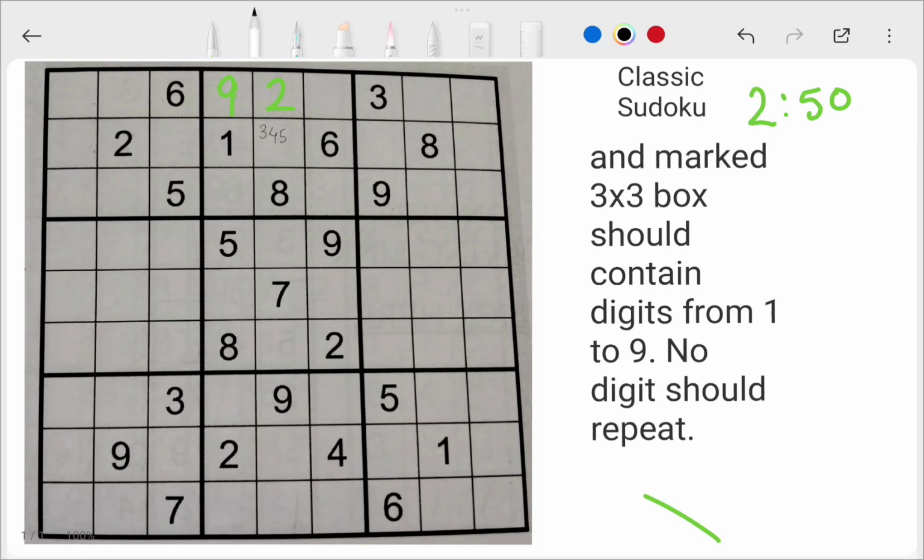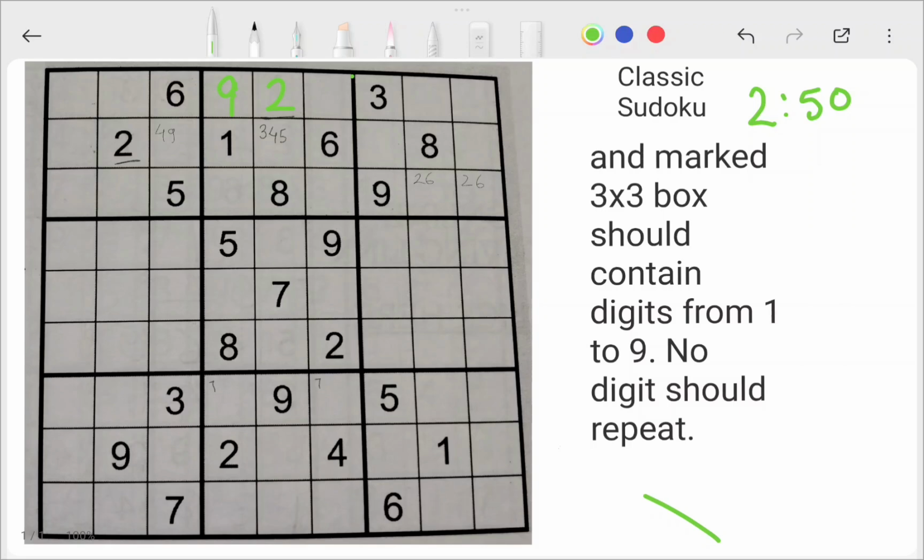Then this must be 7. Or this is 1, 2, not 3, 4 and 9. Okay, let's do all the pencil marking. Again because of these two we will do the pencil marking for 2, 6 and 2, 6.